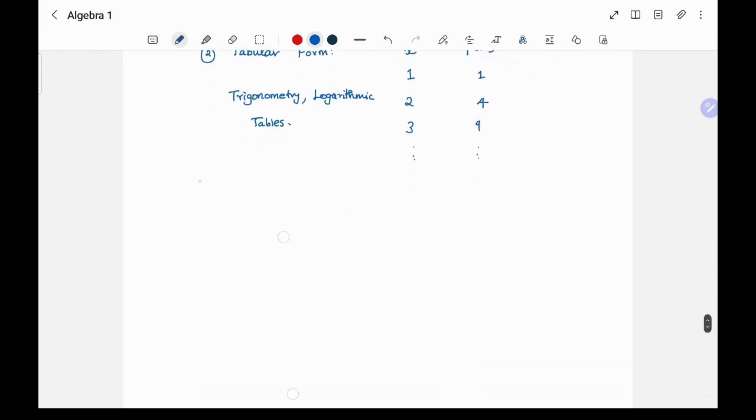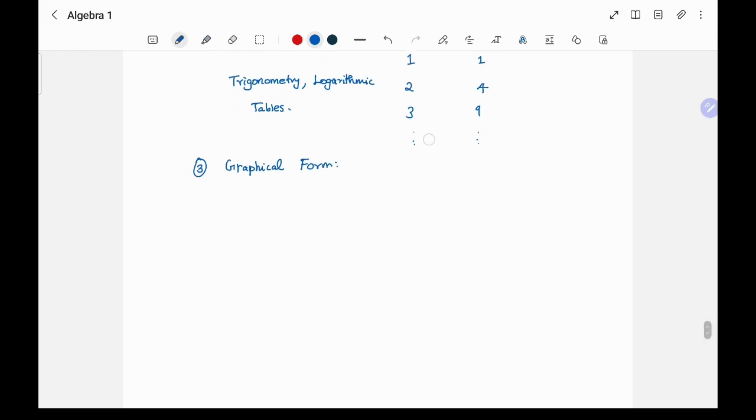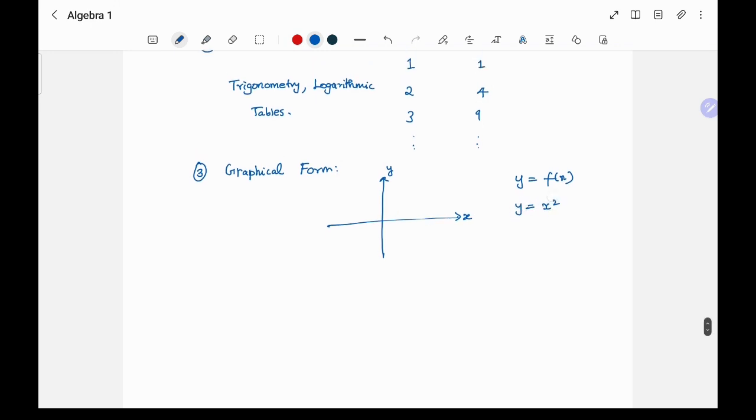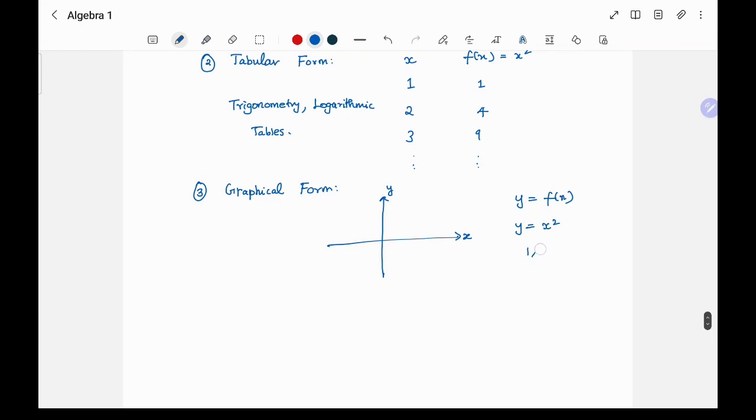So the third form is very important. It is the graphical form. This is how we draw it in the graph, right? We have x and y axis. We take y to be some function of x. Then we plot it. For example, y equal to x square, we have the points 1, 1, 2, 4, 3, 9 and so on.